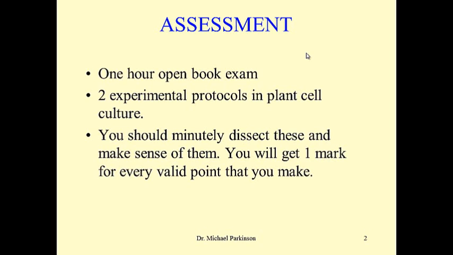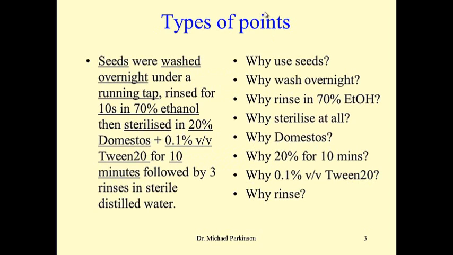You should minutely dissect these and make sense out of them, and you'll get 1 mark for every valid point that you make, and there will be well in excess of 100 points that you can actually make. But I would only expect somebody who is very good at plant cell culture to get near 100%, though it will be possible.